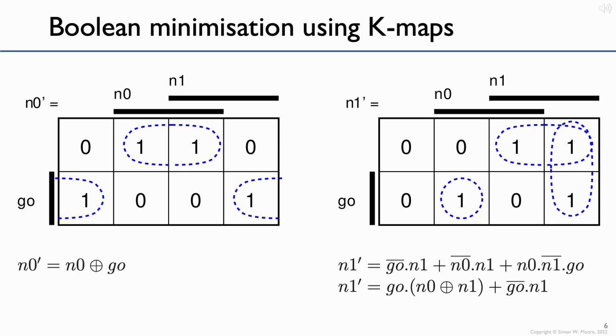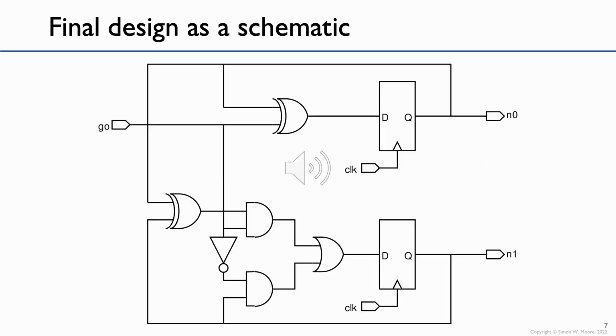Anyway, that gives us the equation below, and I've done a slight refinement using exclusive OR gates. You will then have taken your Boolean minimised design and turned it into a schematic using D flip-flops and logic gates as follows. Now we're left to actually implement it.